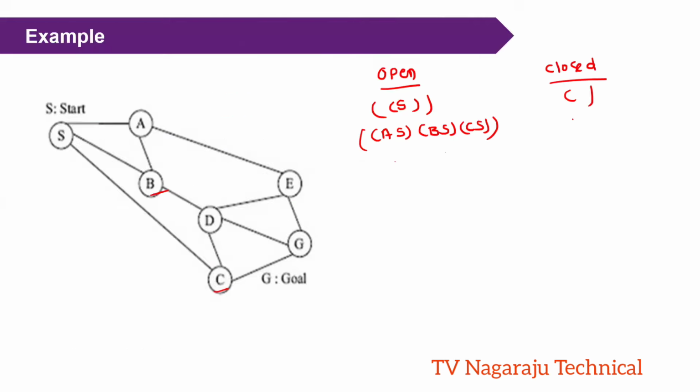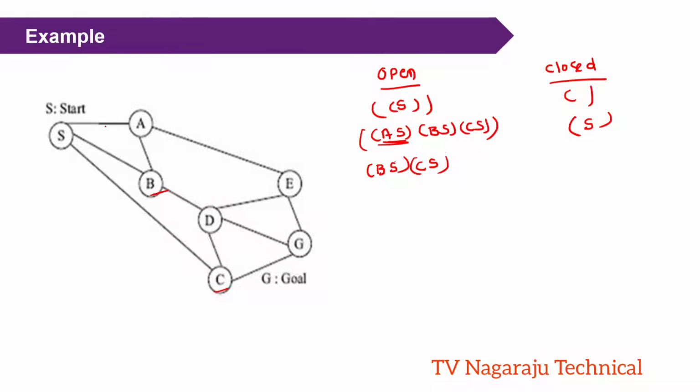And what does my closed consist of? Whatever node you explored is placed into closed. After that, if you want, you can select any one. Suppose I am selecting AS. Now observe the remaining: BS is already there, CS is already there. Now expand.